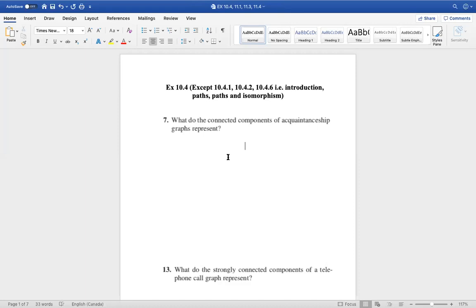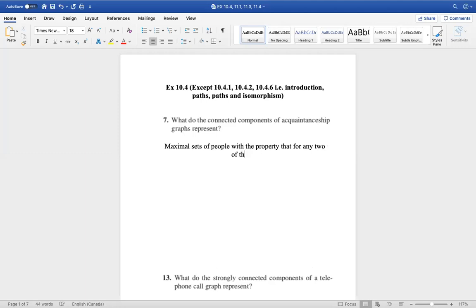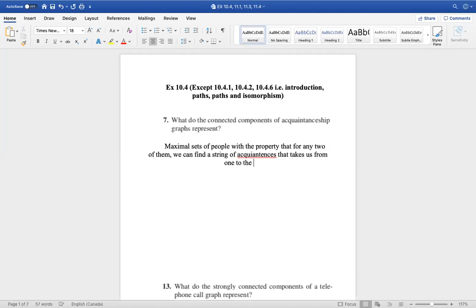So, maximal sets of people with the property that for any two of them we can find a string of acquaintances that takes us from one to the other.